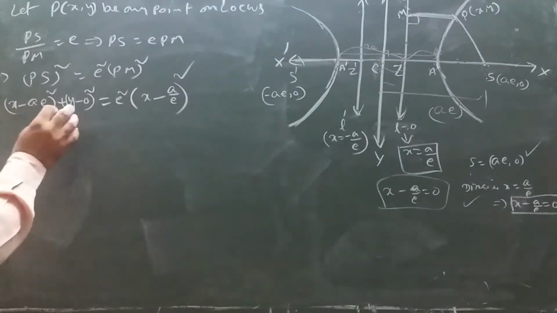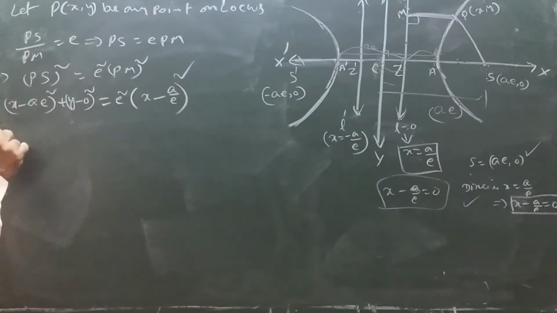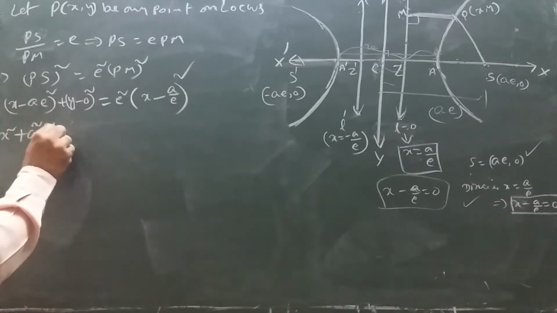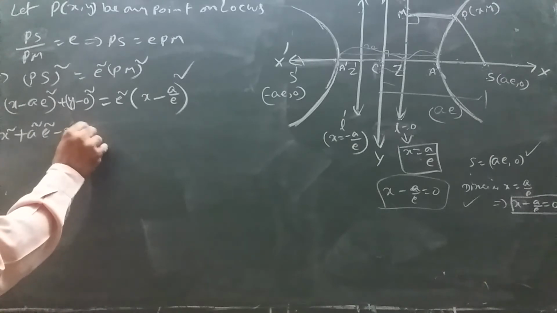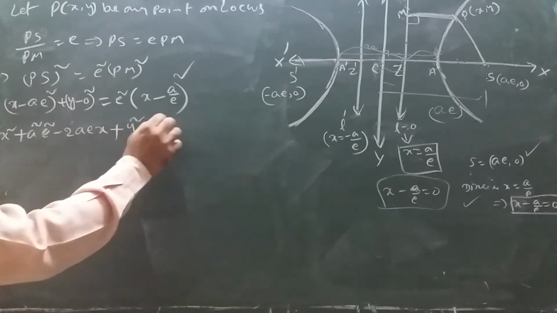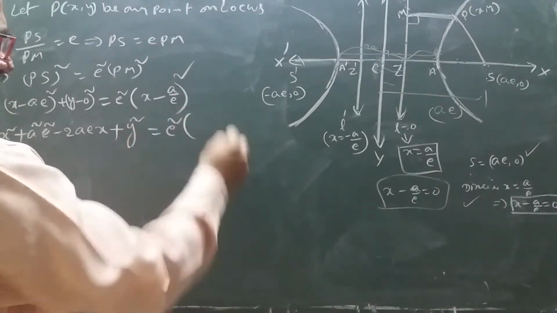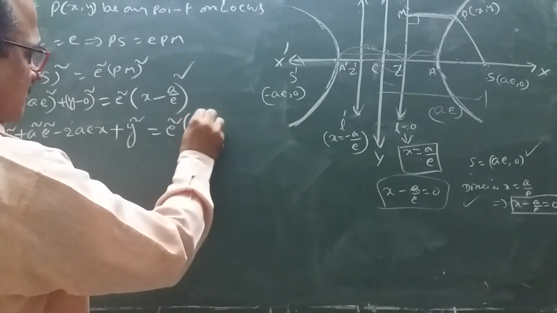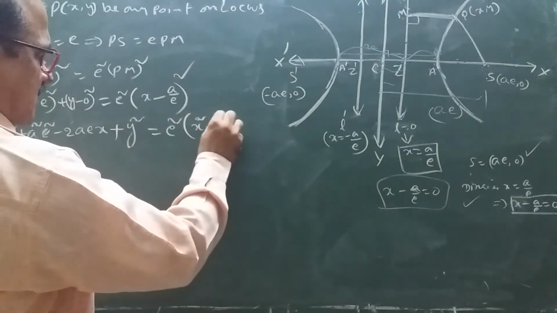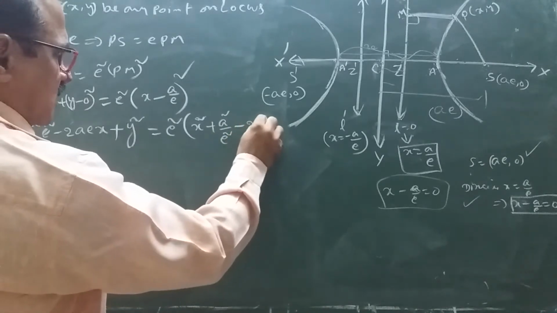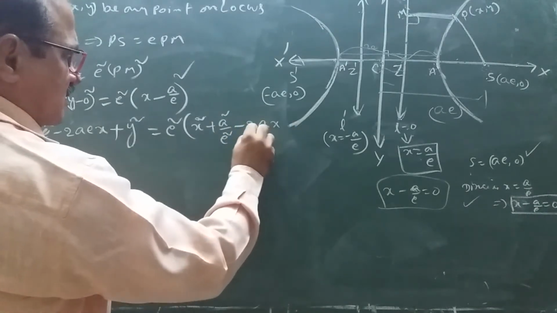By simplification, this can be written as x square plus a square e square minus 2aex plus y minus 0 is y square is equal to e square into the square. Expand in the a minus b whole square formula, that means x square plus a square by e square minus 2ax by e.